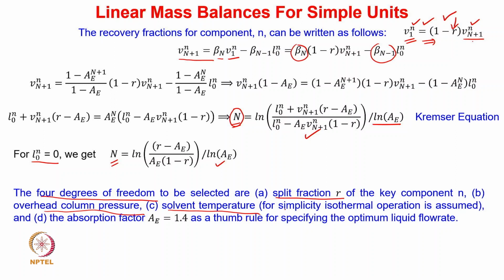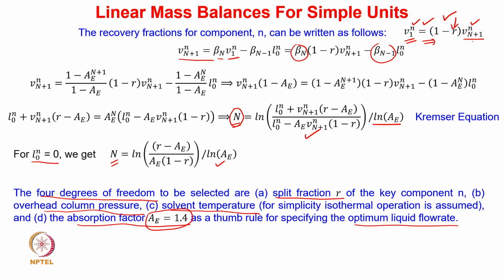We can assume isothermal operation in the entire absorption unit, and also we have to specify the absorption factor A. If we specify the absorption factor, we can automatically calculate the liquid flow rate which is coming in. Okay. So yes, the thumb rule is to use the absorption factor equal to 1.4.